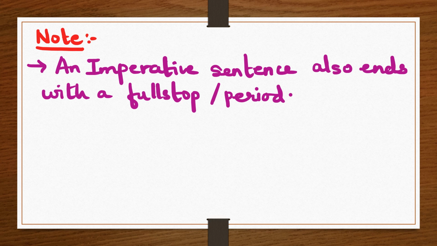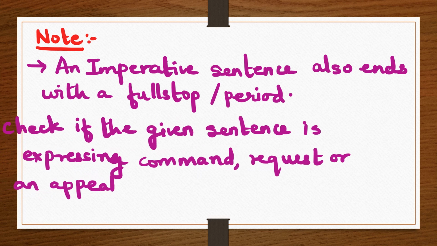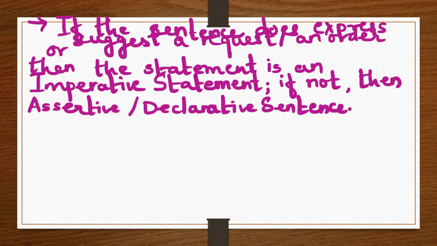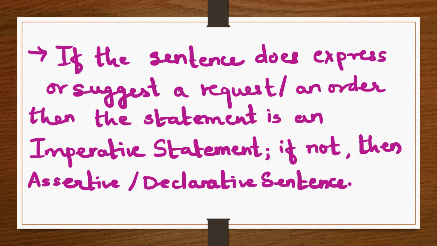So before classifying a sentence into assertive or imperative sentence, we have to understand whether the sentence is conveying some command, a request or an appeal. If the sentence does express or suggest a request or an order, then this statement is an imperative statement. If not, then it is an assertive or a declarative sentence.